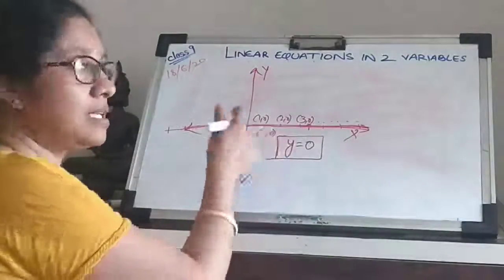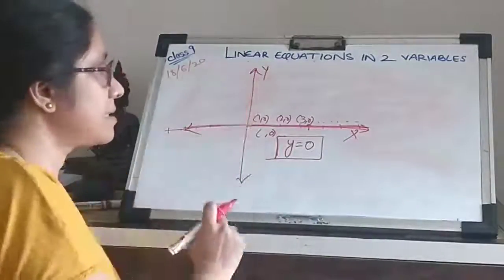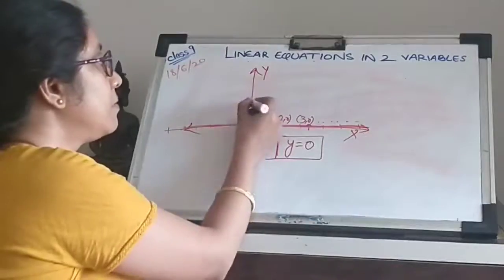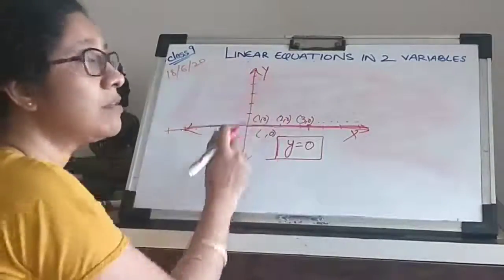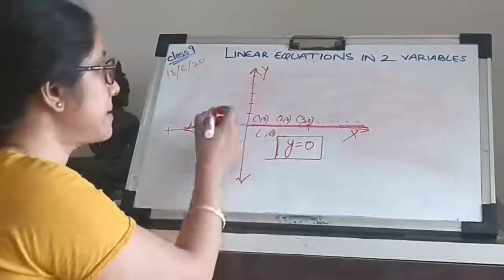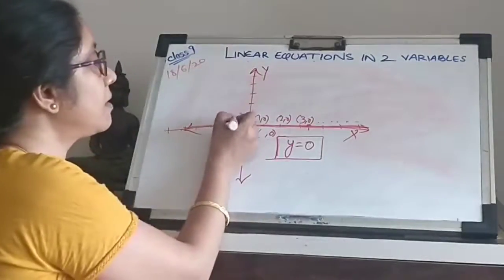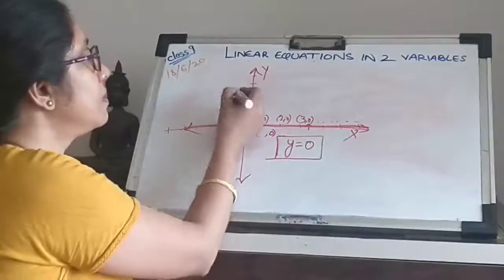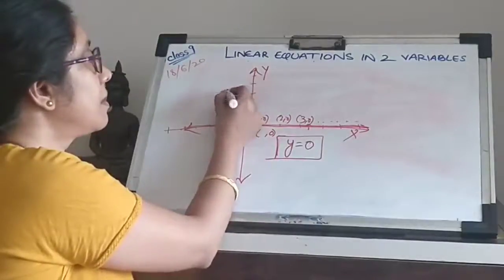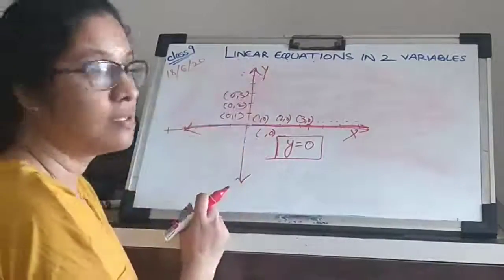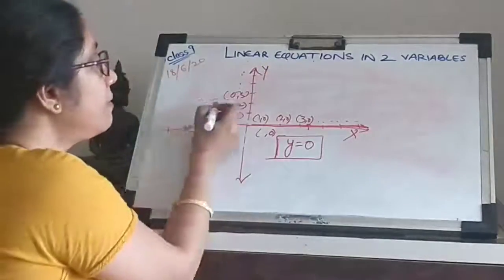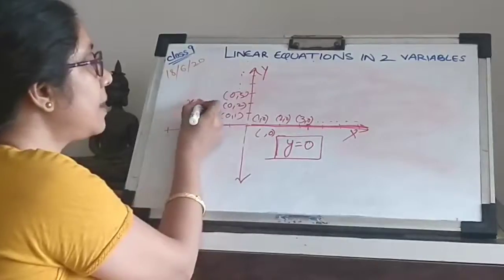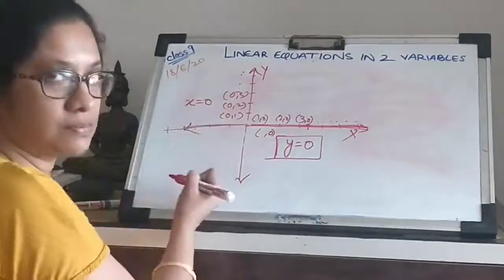Now, similarly, if we talk of the y-axis, what is common about the points that lie on the y-axis? This will be (0, 1), this will be (0, 2), (0, 3), and so on. The x-coordinate is always 0.